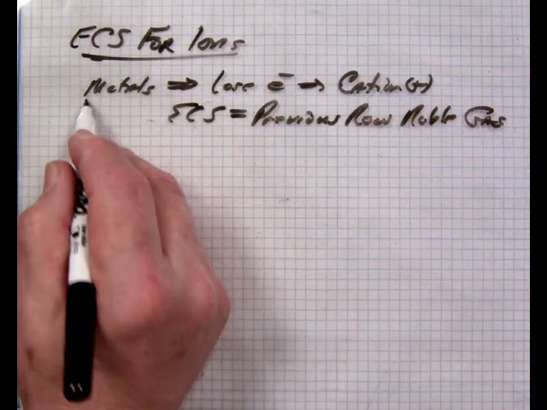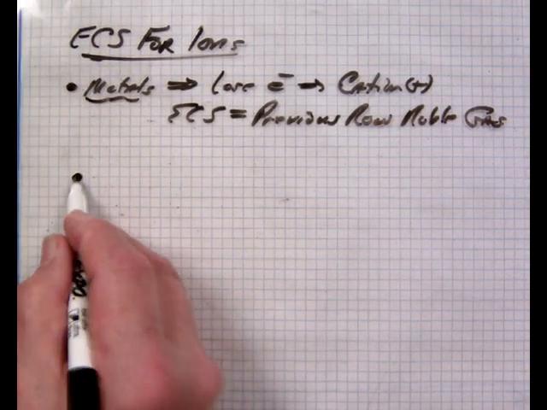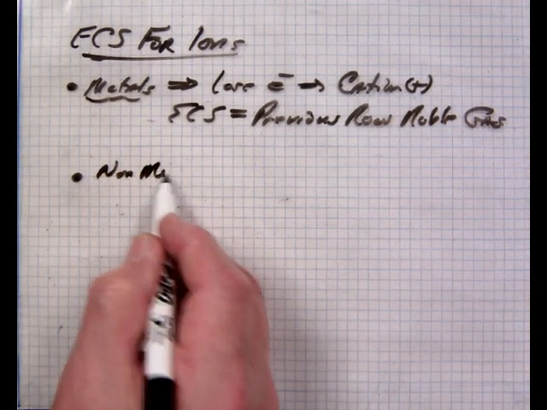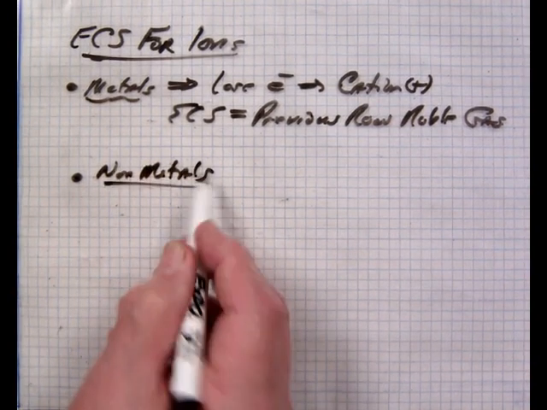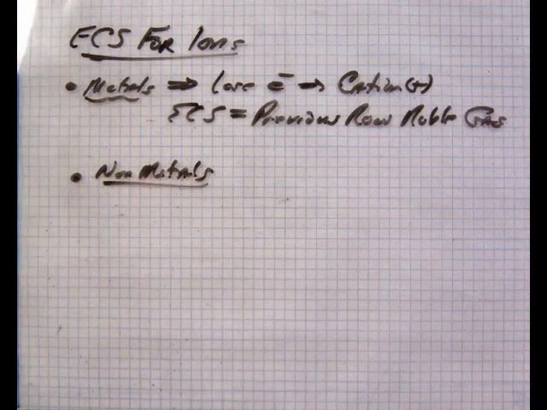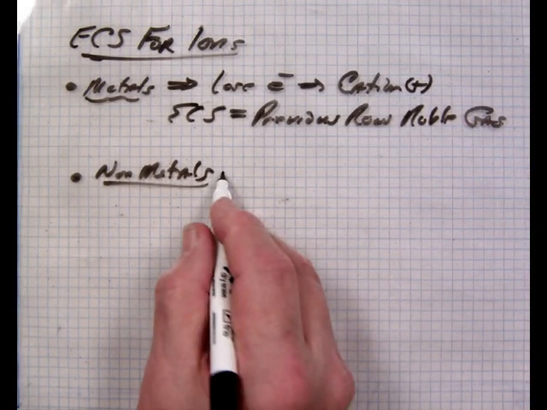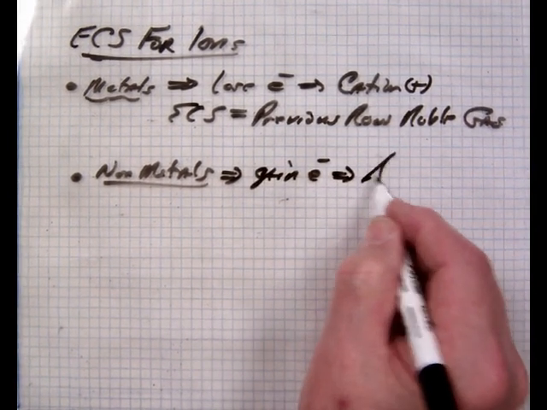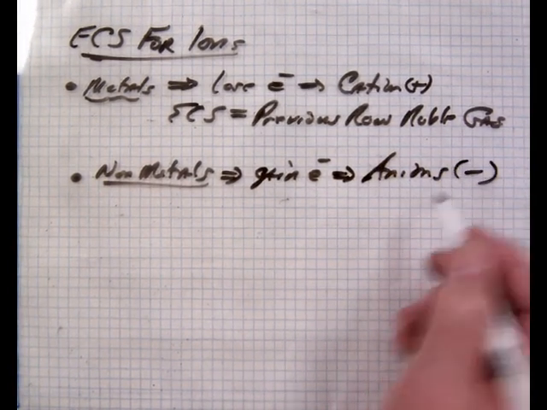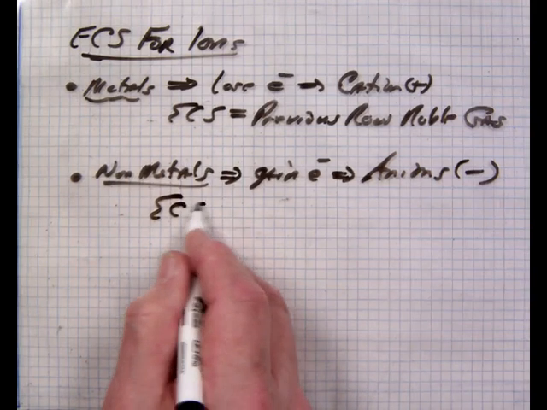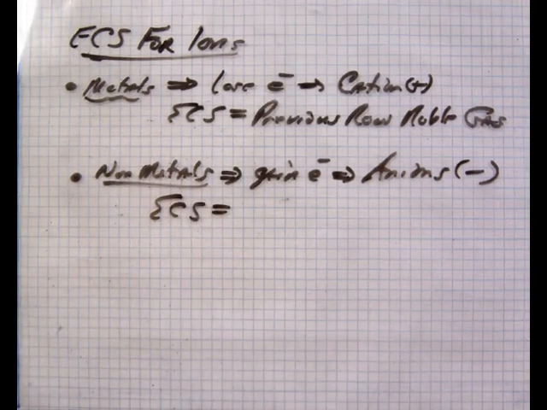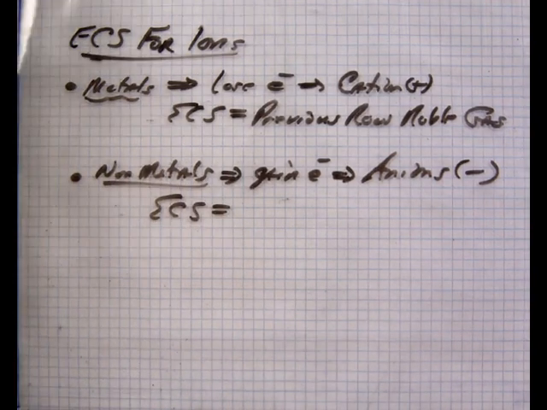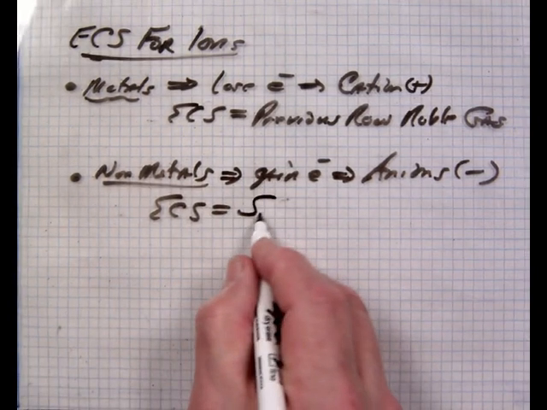Non-metals, that's groups 4, 5, 6, 7, tend to gain electrons, form anions, negative, and the electron configuration summary is the same row noble gas, because it just goes to the end. It fills up to the end. Same row.